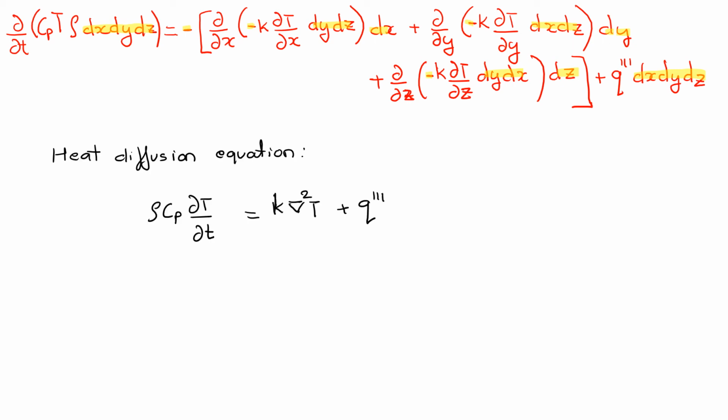On doing that, our heat diffusion equation can be written as rho times Cp, which is the specific heat at constant pressure, into the partial derivative of temperature with respect to time, equals the thermal conductivity of the control volume or the body times the del square T, that's the second order derivative of temperature through spatial coordinates, plus the heat generation in the body.